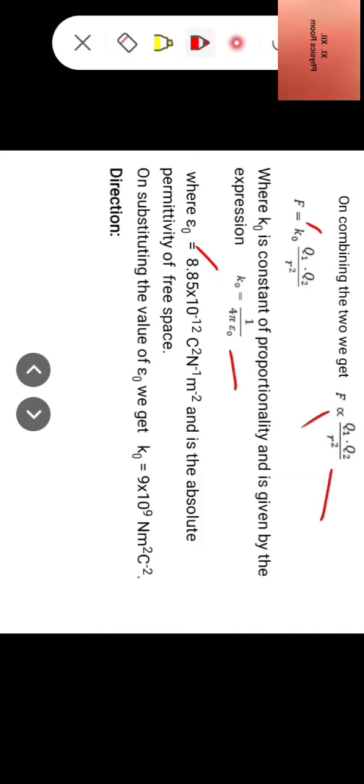On substituting the value of epsilon naught, we get K naught equal to 9 into 10 raised to power 9 Newton meter square per Coulomb square.